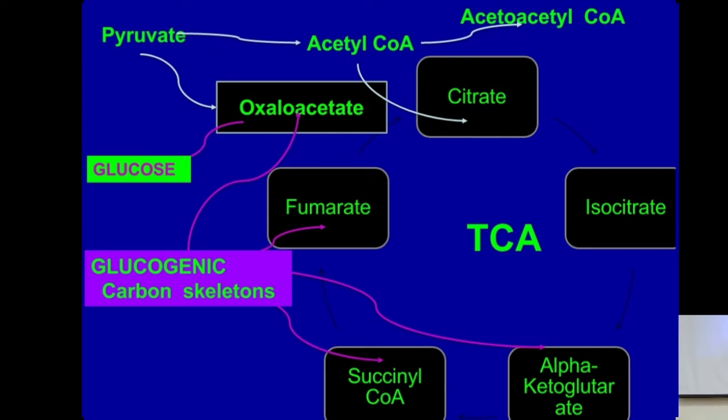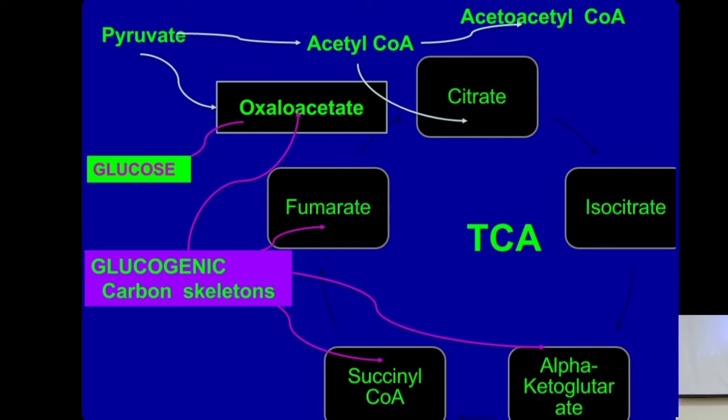And if you remember gluconeogenesis, the first important step is pyruvate carboxylase giving you oxaloacetate from pyruvate. What is in the TCA cycle? You see oxaloacetate there? So that makes these guys, alpha ketoglutarate, succinyl-CoA, fumarate, and oxaloacetate, all glucogenic.